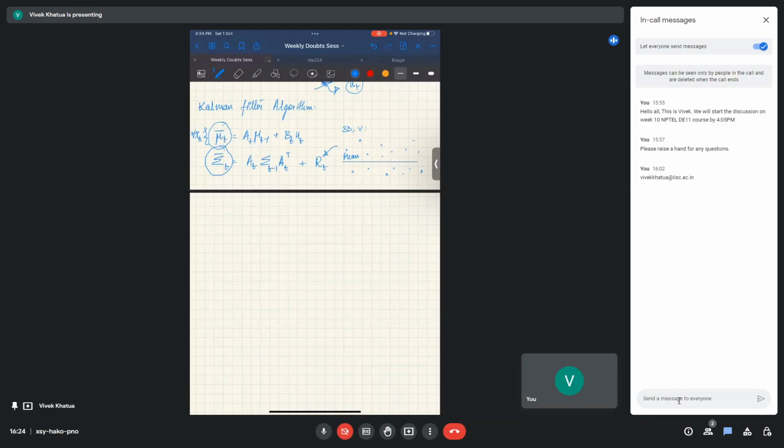Versus if I have a mean something like this, and the scatter is really close, this has a lower variance than the other. So this is what the concept of variance is, and that is denoted by Rt.